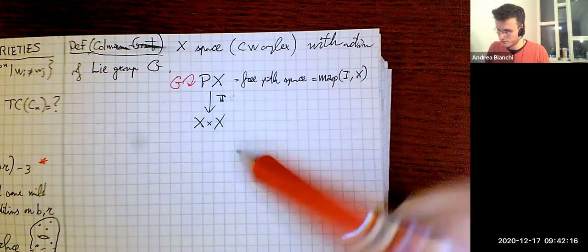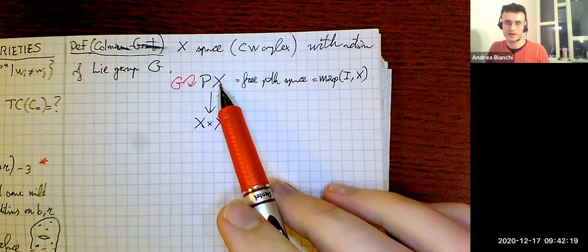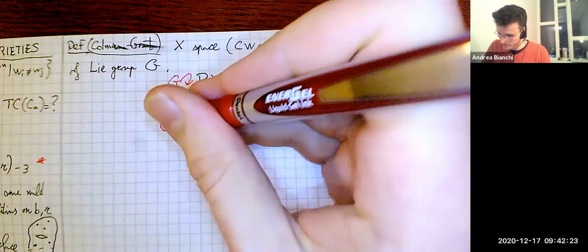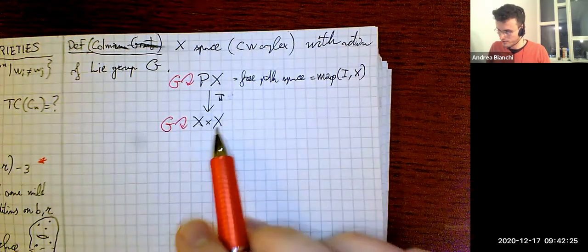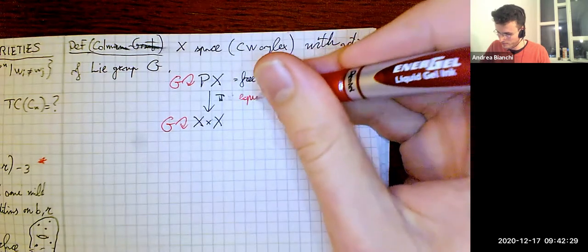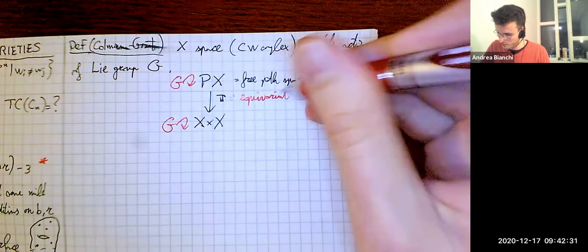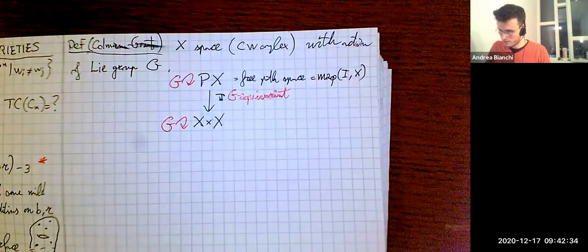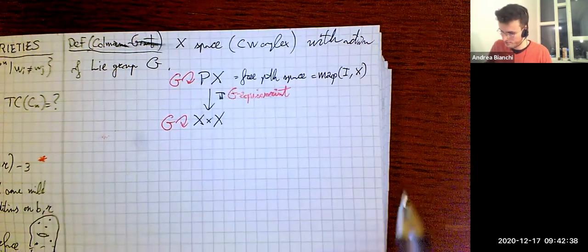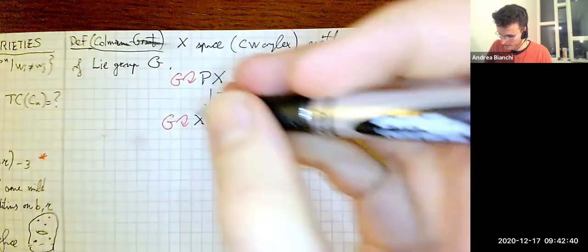So there is an action of G on PX by pointwise action, and similarly there is a coordinate-wise action of G on X times X, and this map is clearly G equivariant. So now we can mimic the classical definition of topological complexity and of motion planner.